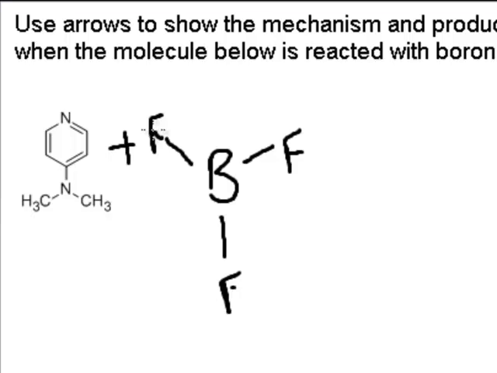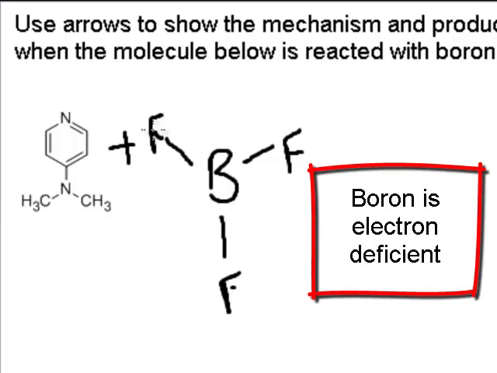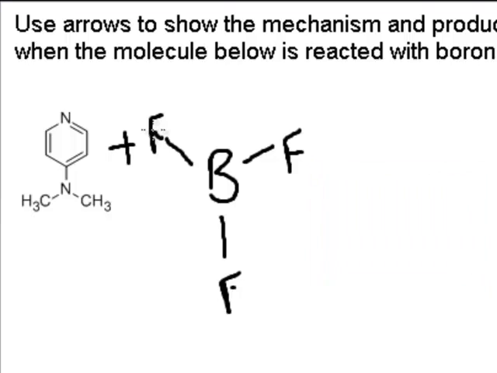Boron would like to have its full octet, but boron is 2 electrons short. So because of boron's electron shortage, that would be the most electron poor place on either of the molecules shown on the screen.